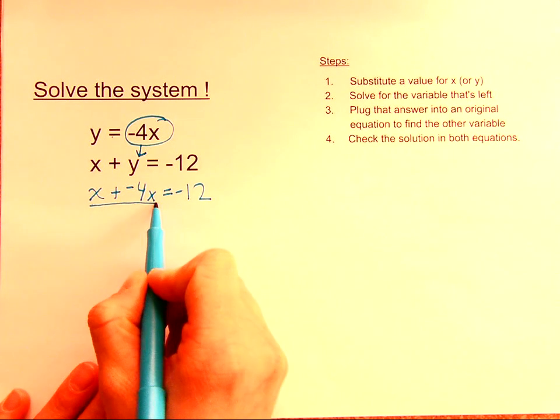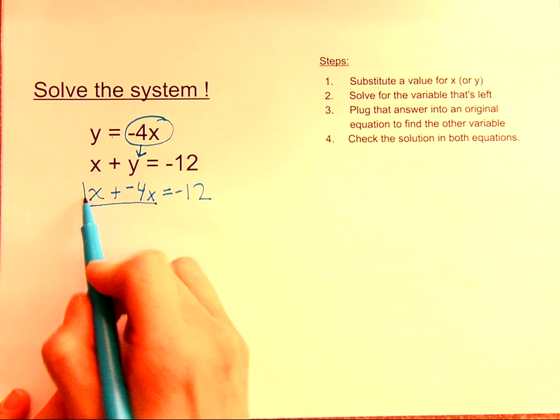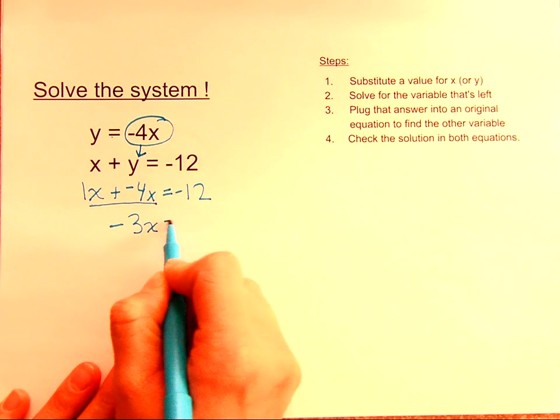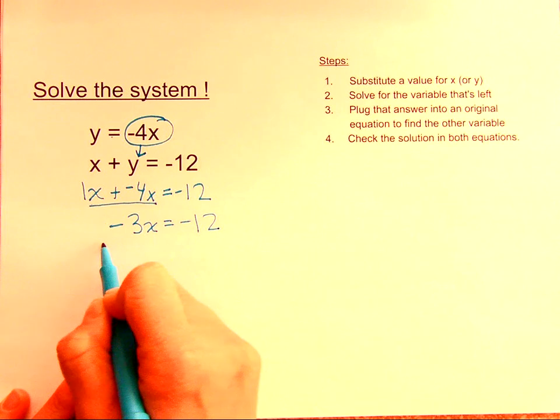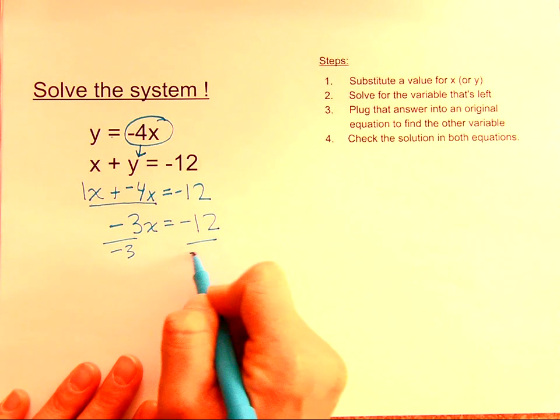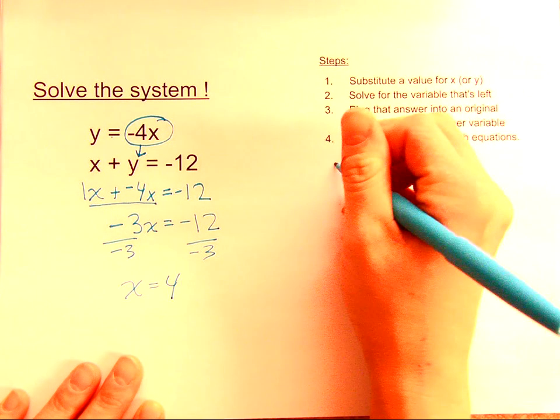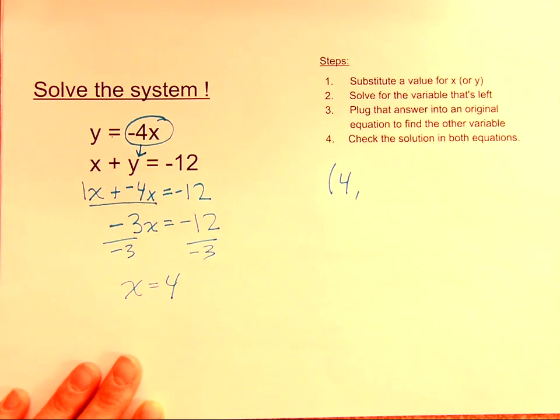When I combine these, this is a 1, so 1 and -4 make -3. Divide by -3. X is equal to 4. So right now I know x is 4, but I don't know y.